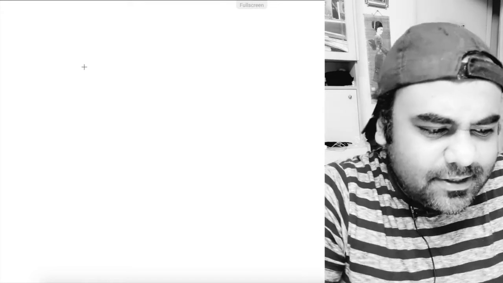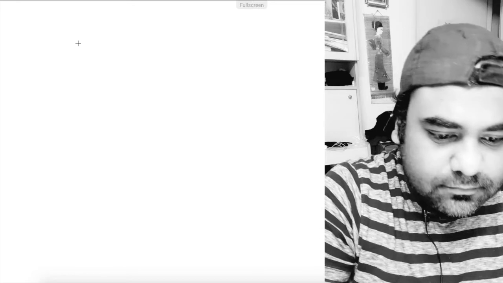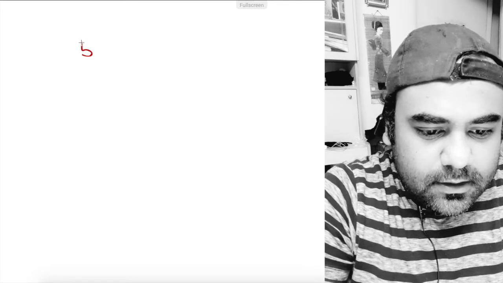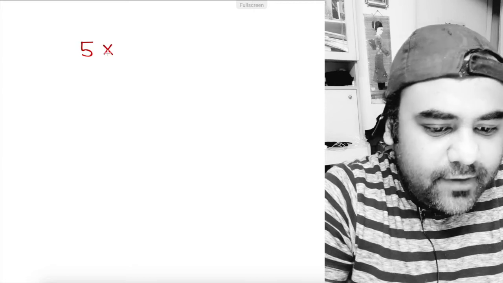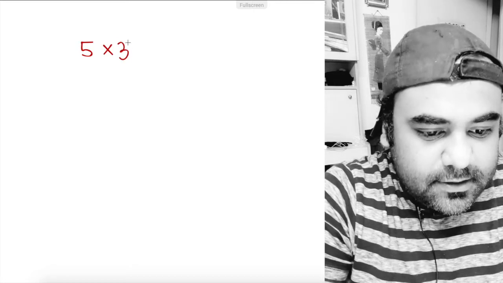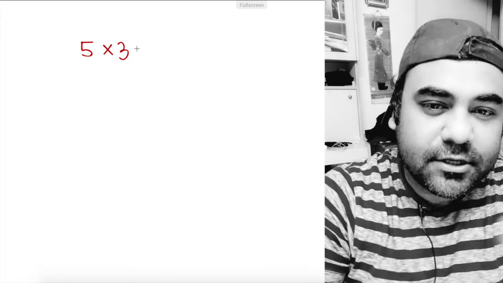So let's take any multiplication whatsoever, for example, 5 multiplied by 3. Multiplication is nothing but repeated addition.